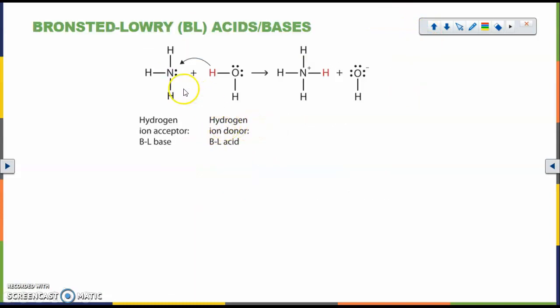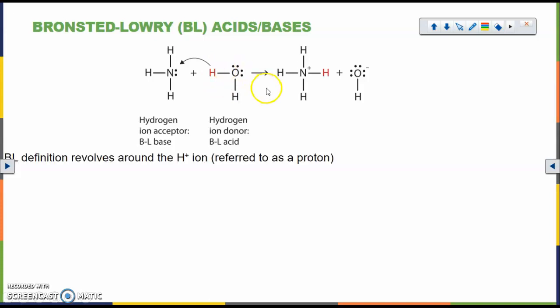The second definition is the Bronsted-Lowry acid and base. The Bronsted-Lowry definitions of acid and bases revolve around the hydrogen ion in this case. The hydrogen ion is also called protons. So H+, H3O+, protons, in terms of acids and bases, are the same.